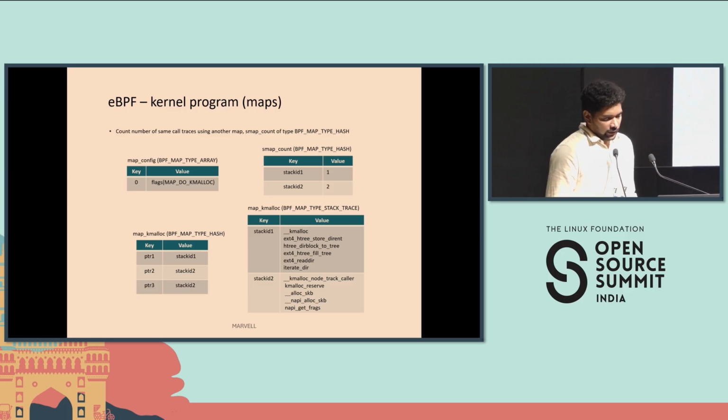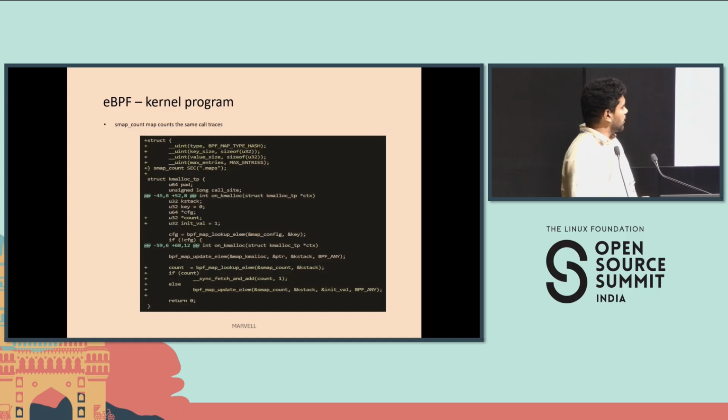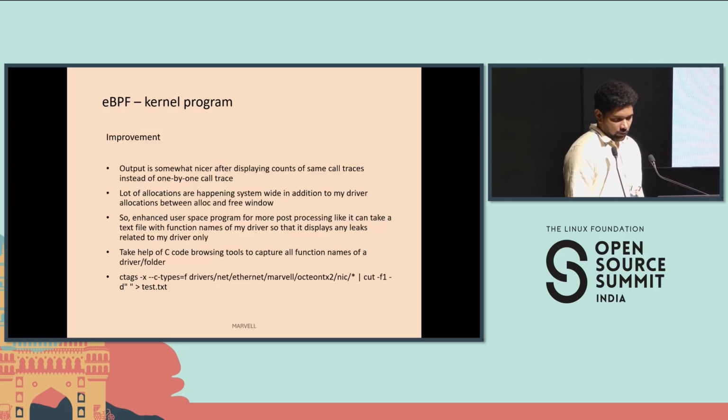That map is also of type hash, and the map name is map_count. The value is a counter, showing how many times the same call trace has been called. Let's see the program change. After getting the stack ID, I look up with that stack ID as key, and if the value is found, I increment it. If it is not found, I initialize it with value 1.